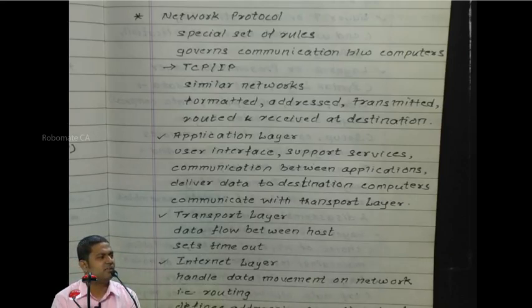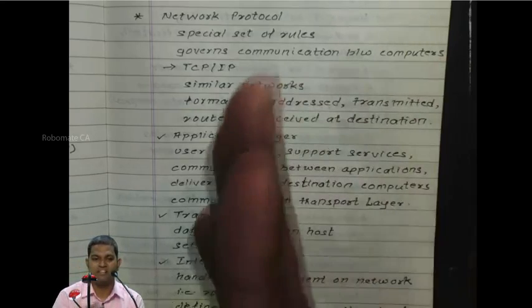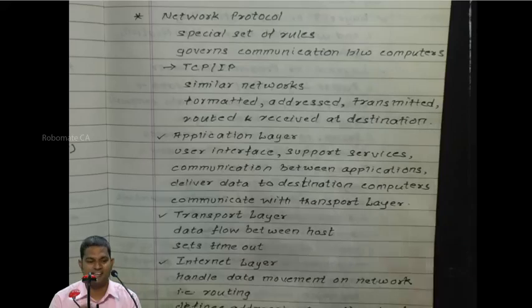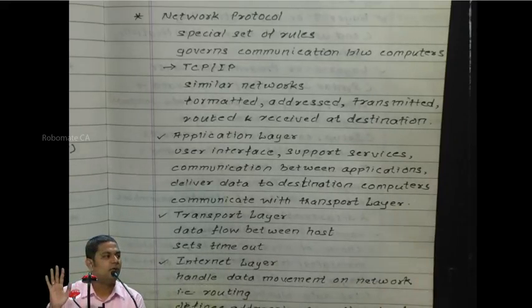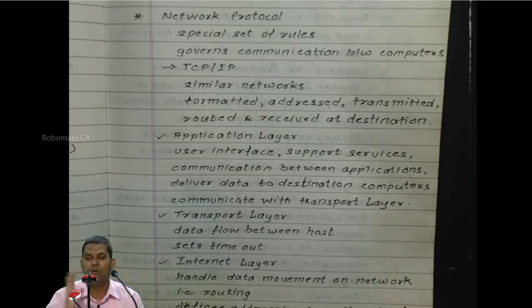Like driving on the left-hand side, overtaking from the right-hand side, checking no entries, one-ways, no U-turns, yes U-turns, okay? No honking zone, all these things we are supposed to follow. And many a time we do follow.